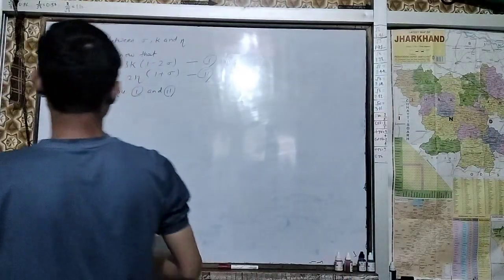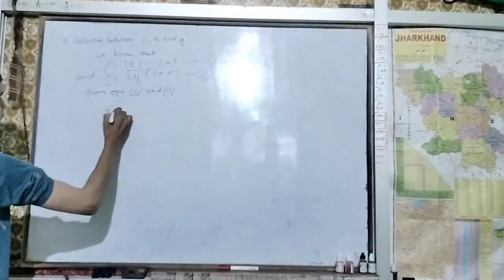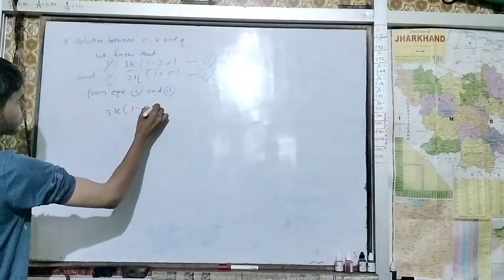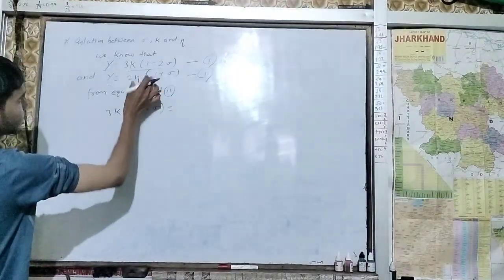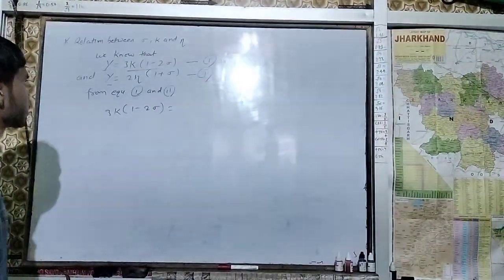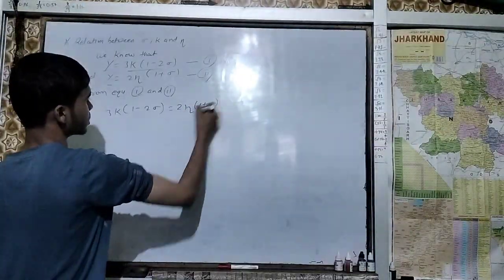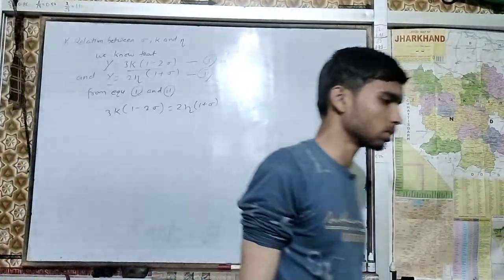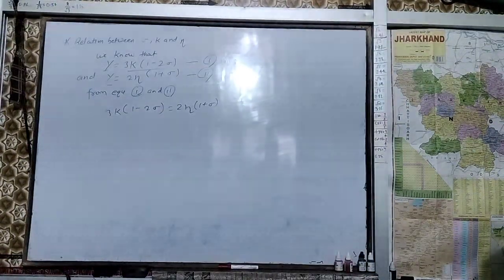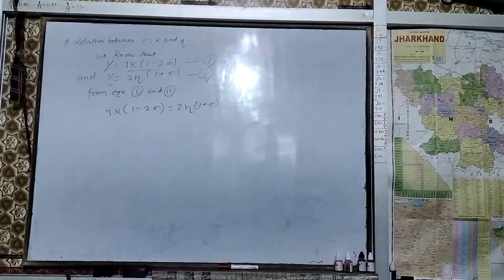On one side you take 3K(1 - 2 Poisson's ratio), and from the second equation 2η(1 + Poisson's ratio). Now your work is to simplify.